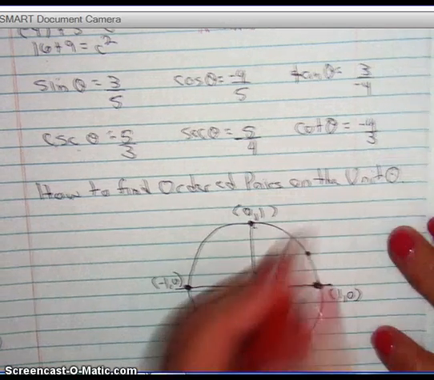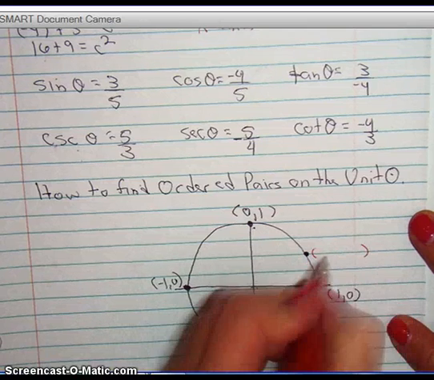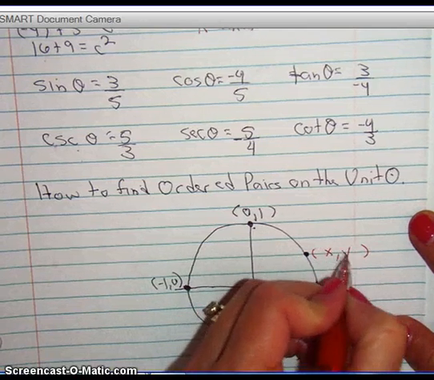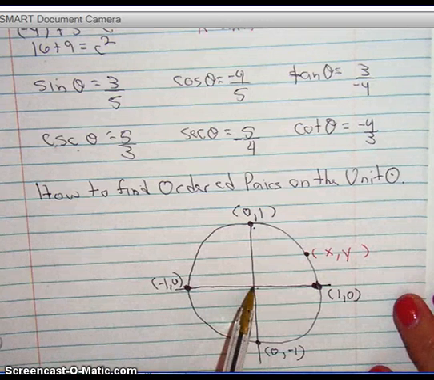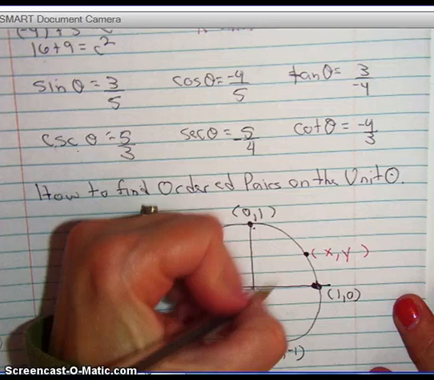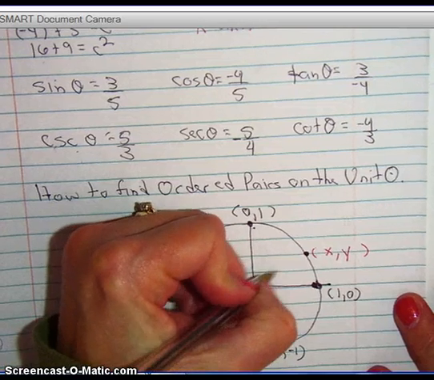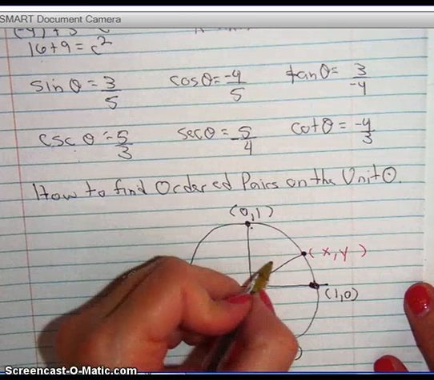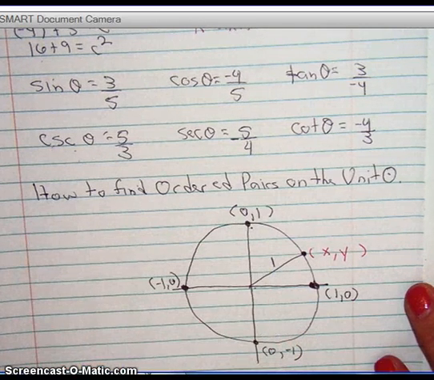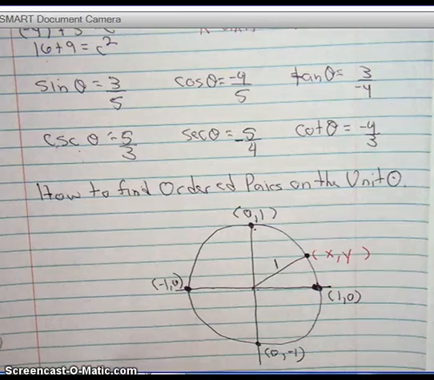That ordered pair is x, y. The distance from the point x, y and the center of the unit circle is how many units, gang? 1. Because it's a unit circle. Okay? All right.